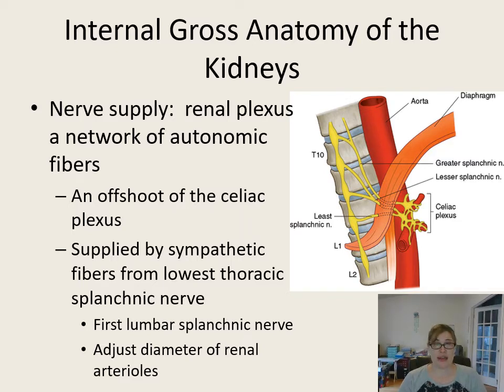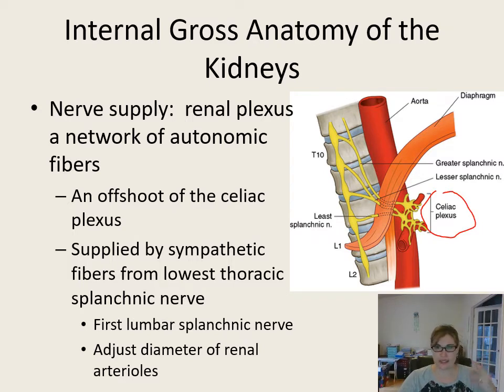So I'm going to just have you remember that the renal plexus, I was trying to clear this slide and start over, but I don't know how. Sorry. Okay, so the renal plexus is going to be an offshoot or kind of a branching of the celiac plexus. Celiac plexus right here.